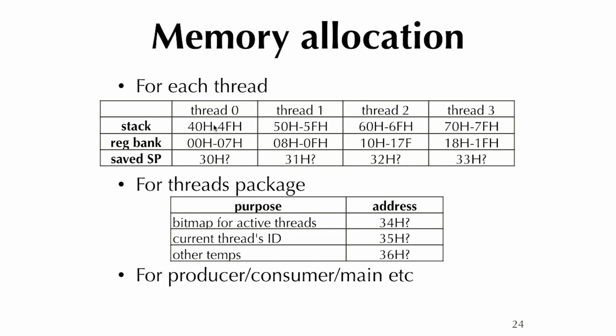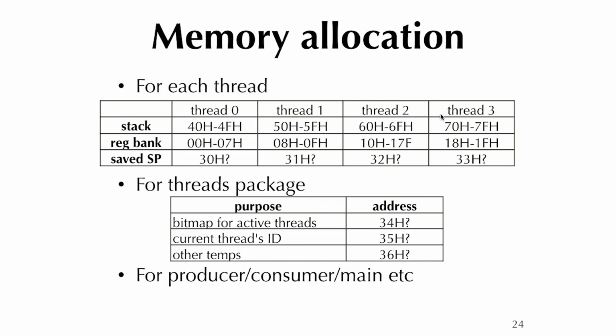I mean, hex 10 is 16 bytes. So 40 to 4F could be for thread 0, 50 to 5F for thread 1, 60 to 6F for thread 2, and 70 to 7F for thread 3.